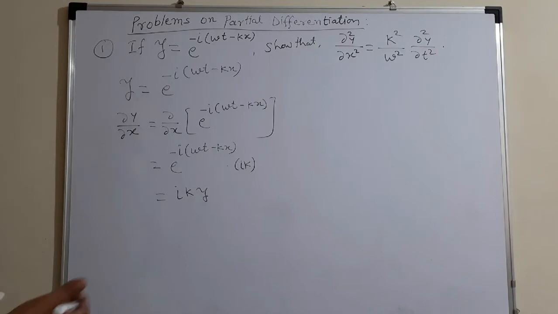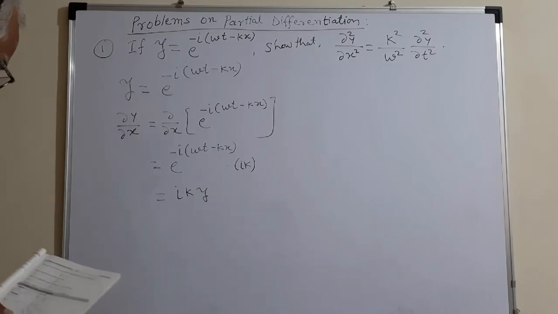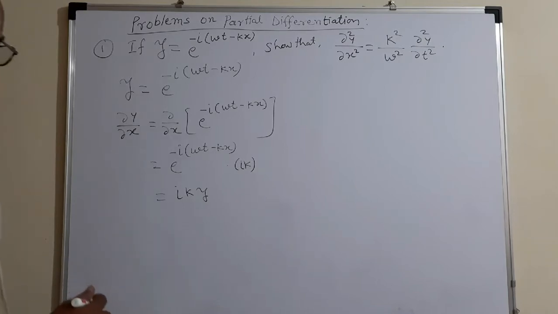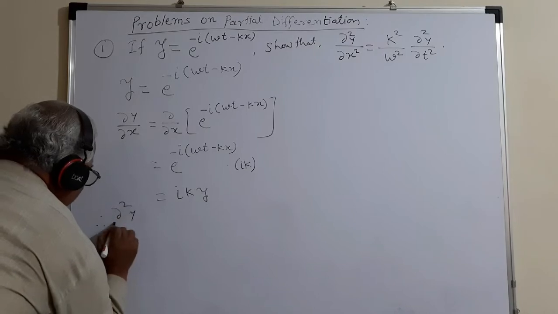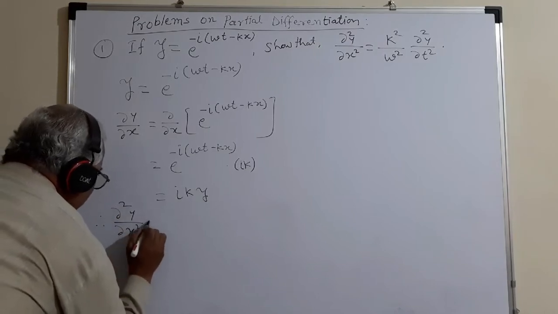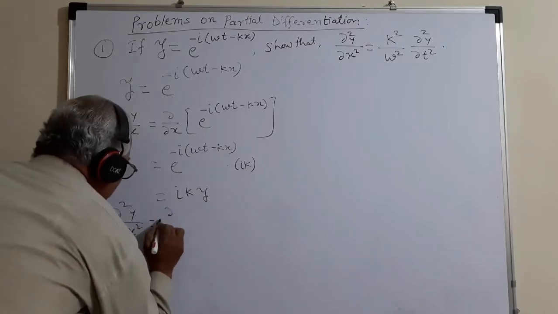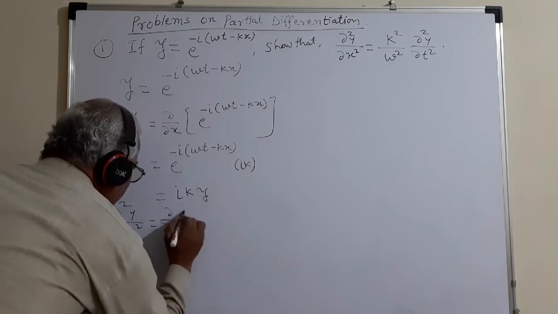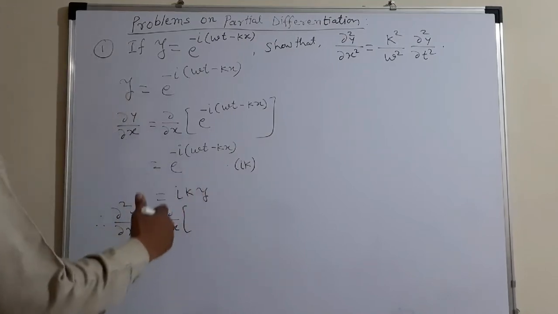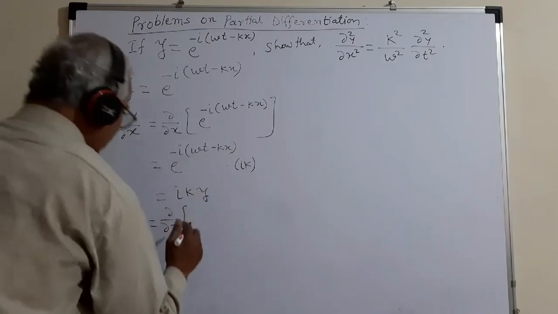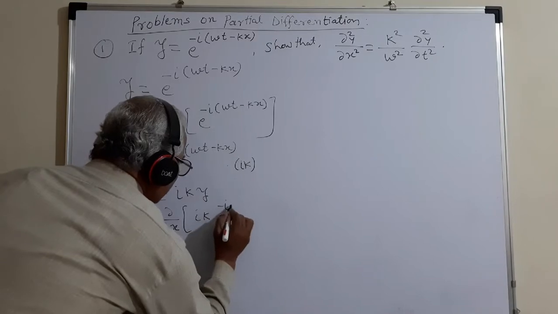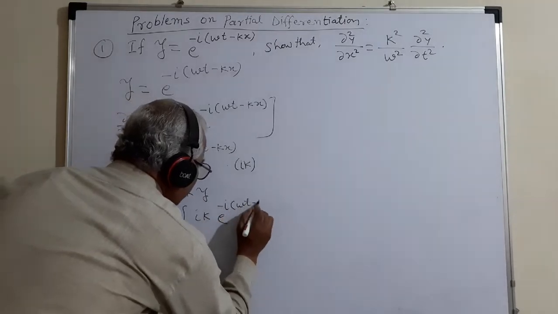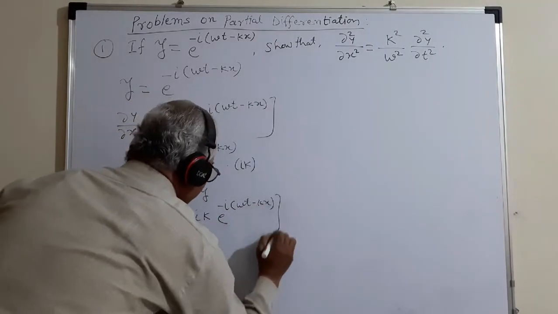Now differentiating this ∂y/∂x once again partially with respect to x, we will get ∂²y/∂x². Therefore ∂²y/∂x² is nothing but ∂/∂x of ∂y/∂x, and ∂y/∂x is ik e raised to minus i omega t minus kx.